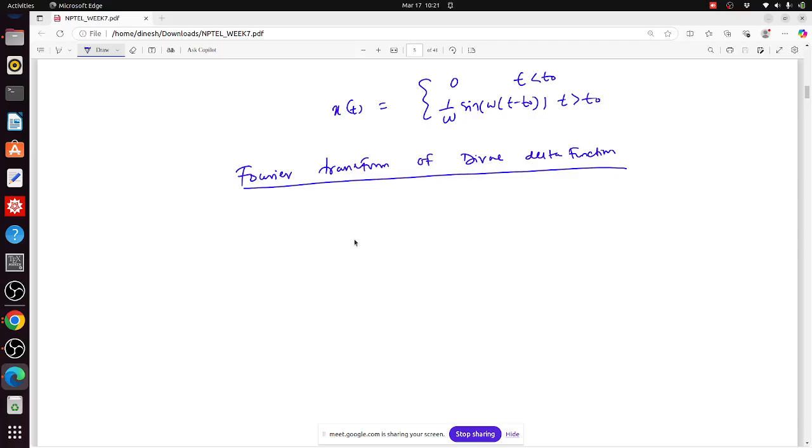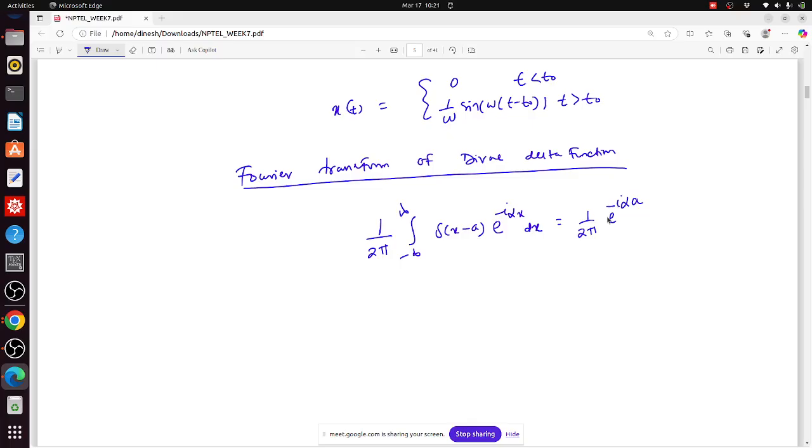The Fourier transform of the Dirac delta function is 1 by 2 pi integration from minus infinity to infinity of delta of x minus a e power i alpha x dx, which is equal to 1 by 2 pi e power i alpha a.